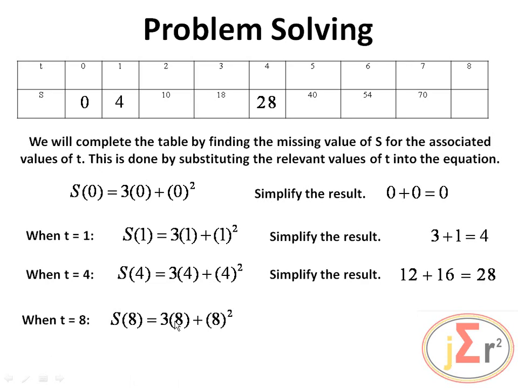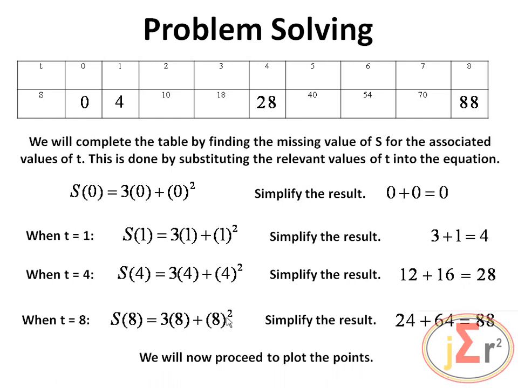So 3 times 8 plus 8 squared. 3 eights are 24, and 8 eights are 64. The result gives 88, and that value goes there. Now that we have completed the table, we will proceed to plot the points.